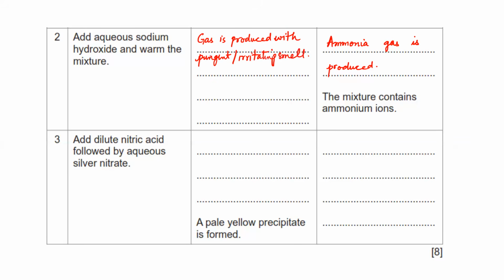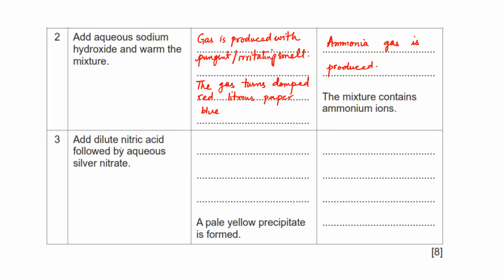And the second thing is, since this is ammonia gas, it will turn damp red litmus paper blue. The gas turns damp red litmus paper blue. Okay, so this is how we'll write this.